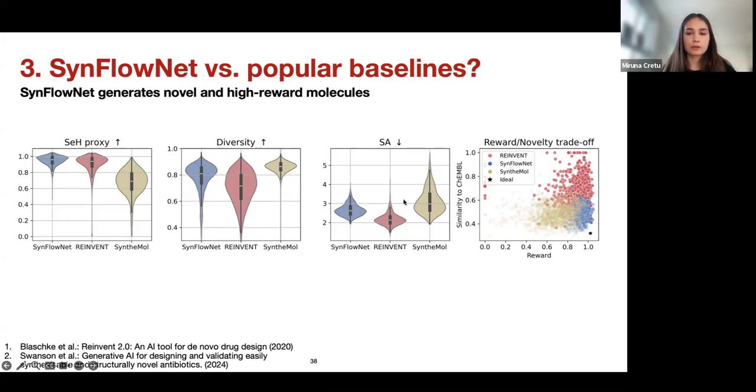And compared to REINVENT, to which we are comparable in other metrics, we strike a better balance in terms of novelty and reward. What that means is, when we look at how similar the molecules that SynFlowNet generates are to ChEMBL, which is a database of chemical drug-like compounds, we achieve a good trade-off in terms of high rewards and low similarity to known compounds, compared to REINVENT, which is very biased towards inheriting those chemical features from ChEMBL.